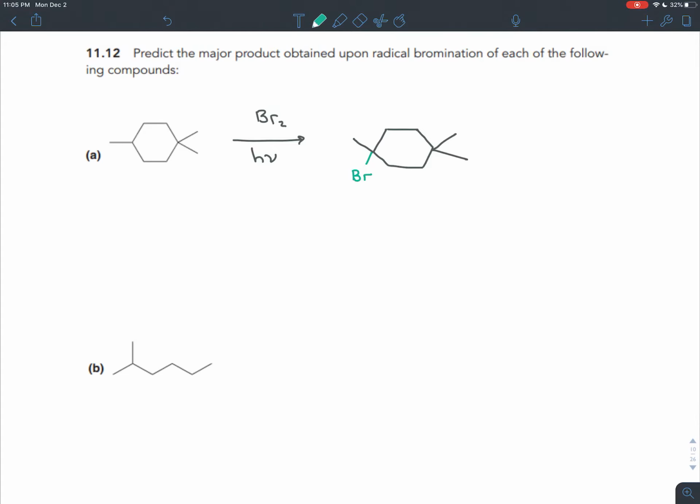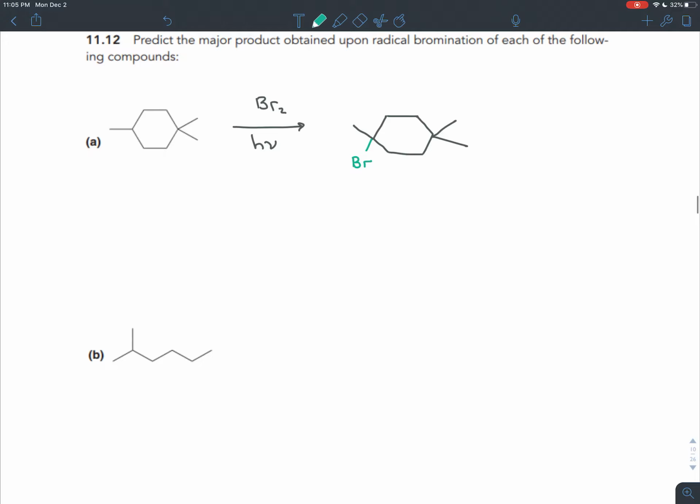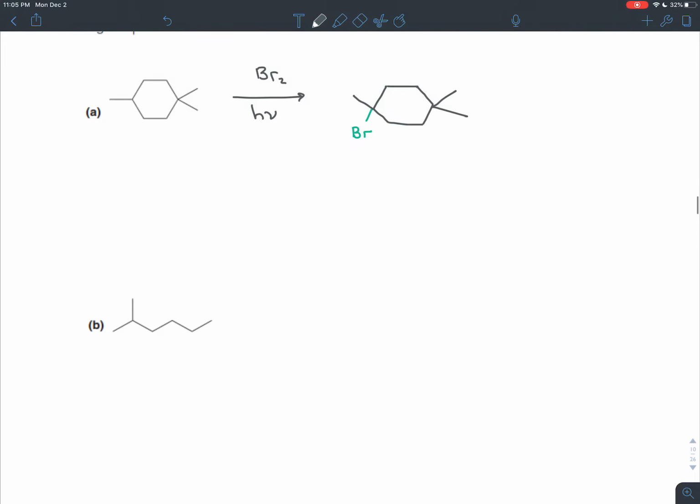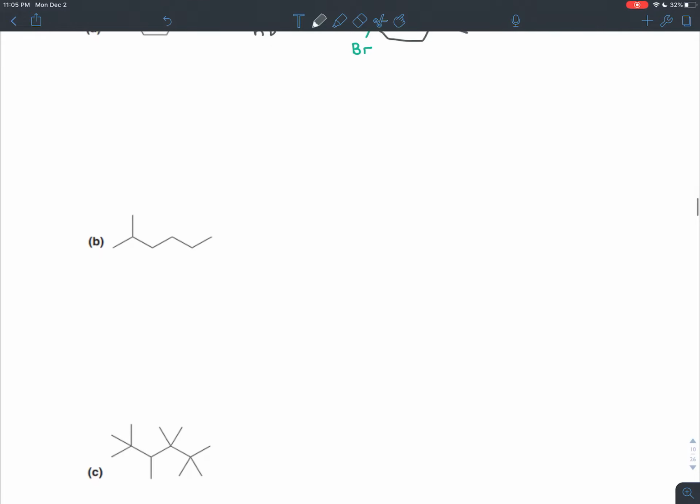So just predicting the products, you put the bromine on the most substituted position that has a hydrogen. Okay, so we walked through the rationale there in some detail.